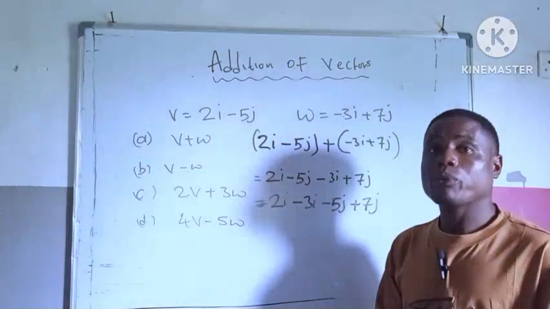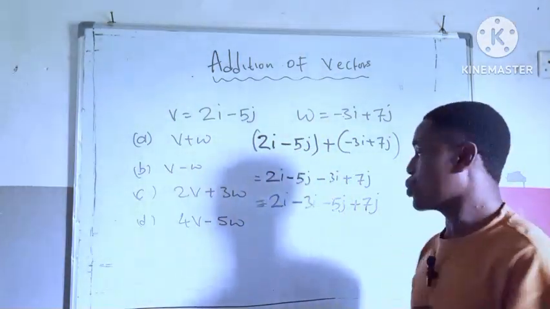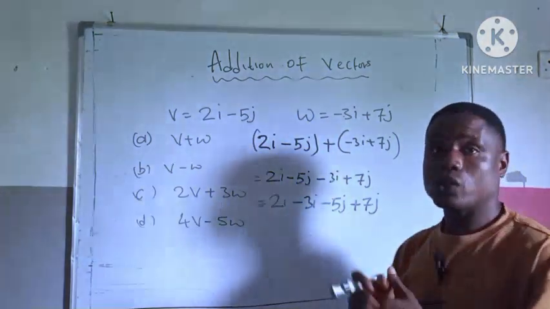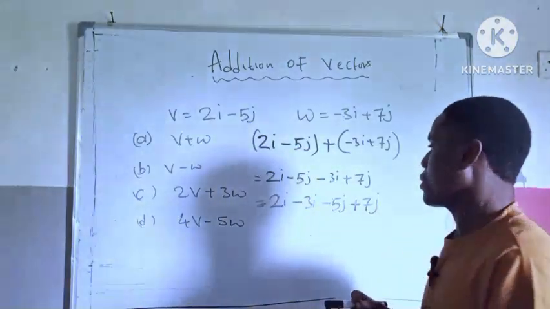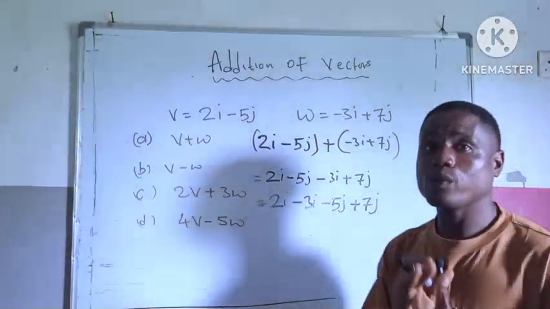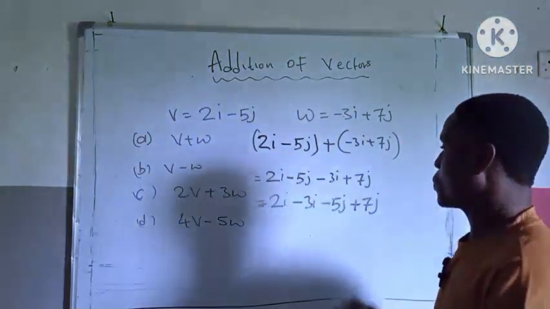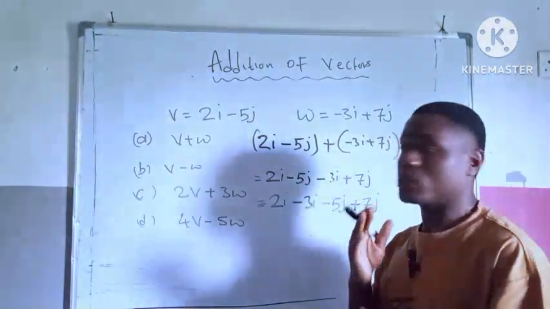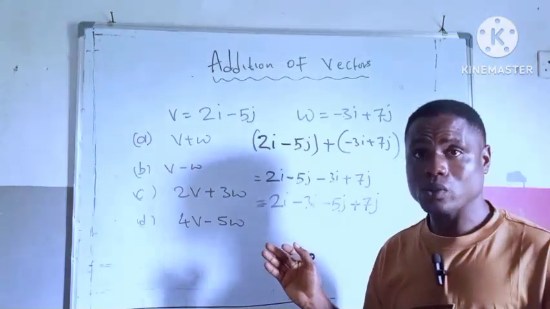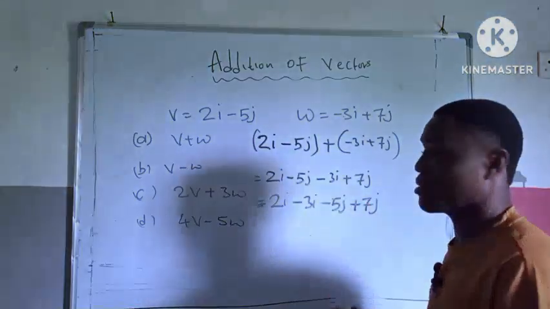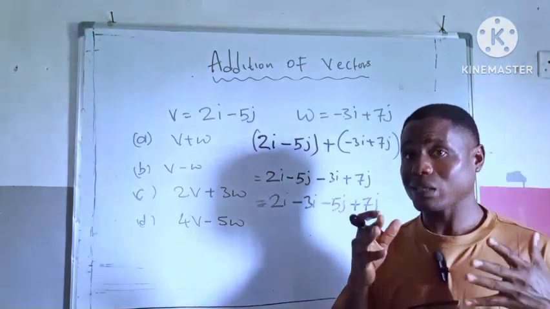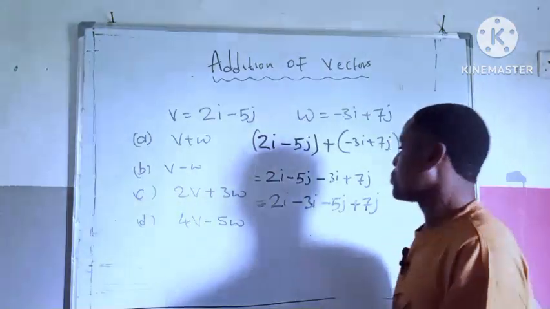Now during the exam you have to be very fast, so make sure you listen carefully, because in the exam you are working with time. You have to be very fast when solving. All these procedures, you don't need to be using all these long procedures. I'm trying to split everything down so everyone will understand.